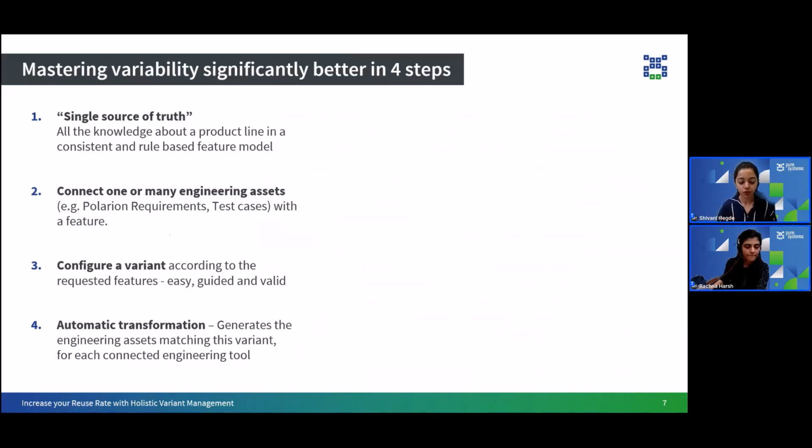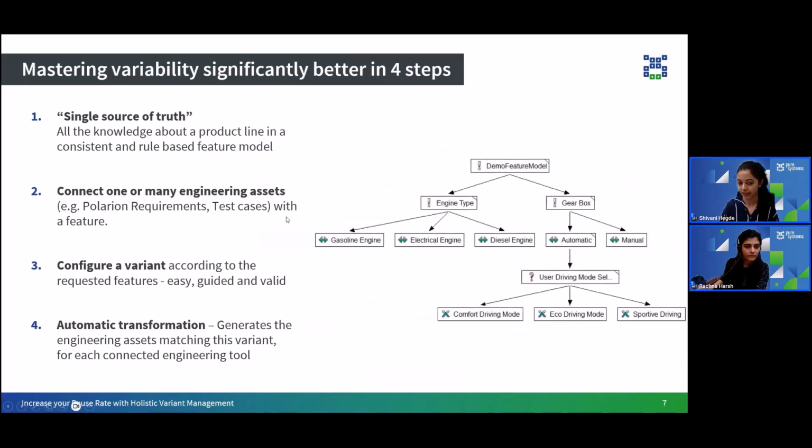Coming to the first step, as I said earlier, the feature model is where we store all the variability information. Thus, we consider the feature model as the single source of truth, since the entire knowledge of the product line exists here in a very consistent and rule-based manner.